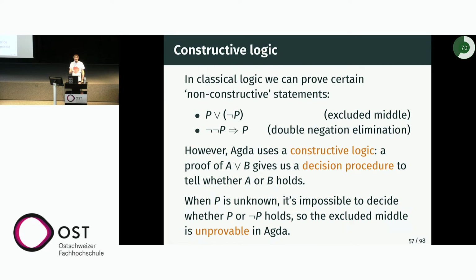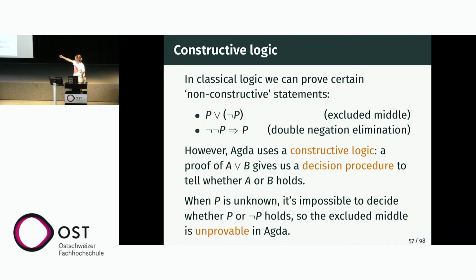A small side note here is that the logic that Agda is using is not classical logic, but constructive logic. And that means that there are certain so-called non-constructive statements that we cannot prove in Agda.